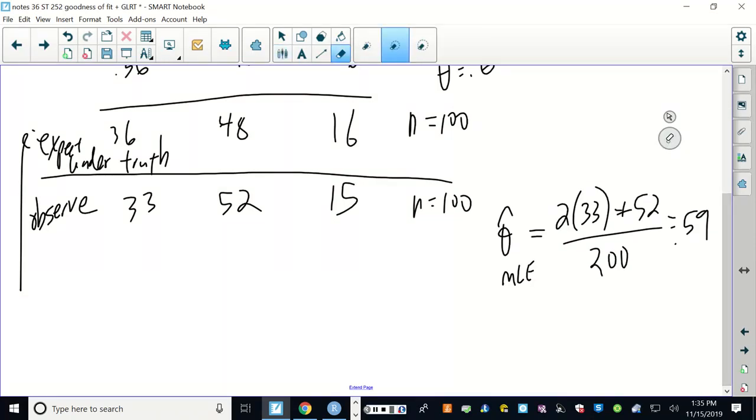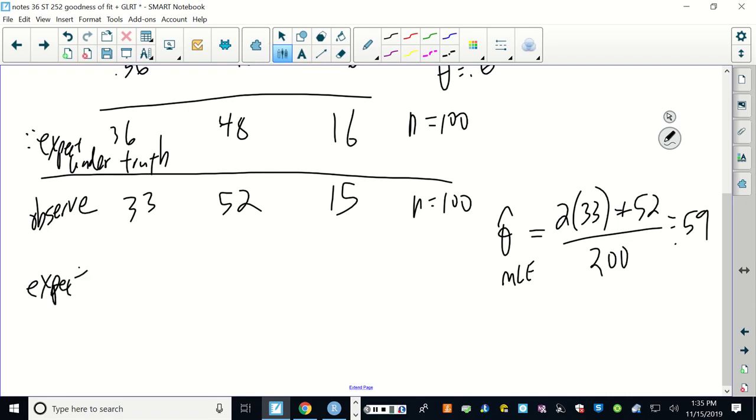Now the expected counts, based on the maximum likelihood estimate of that proportion, are going to be 0.59 squared times 100. And this one over here, 1 minus that is 0.41, squared times 100.